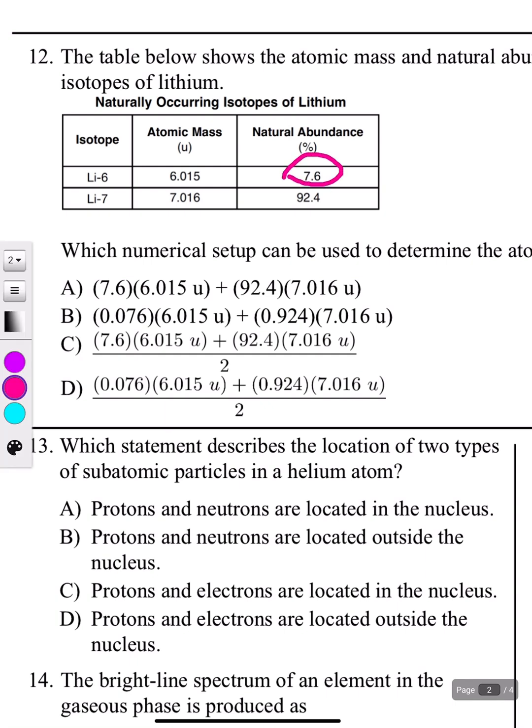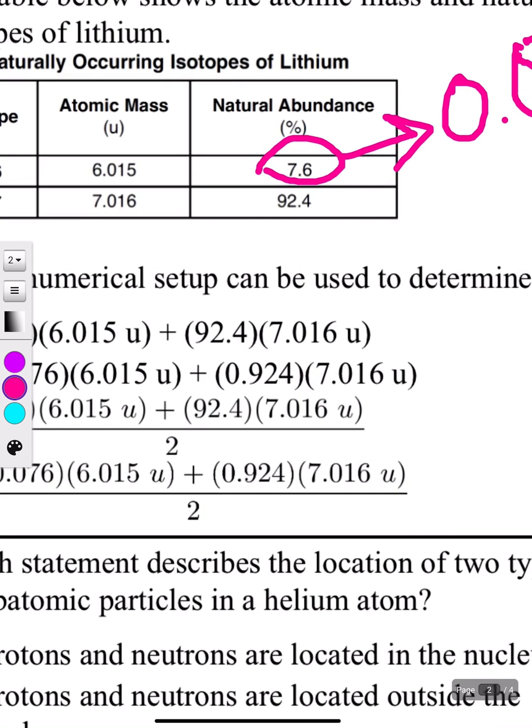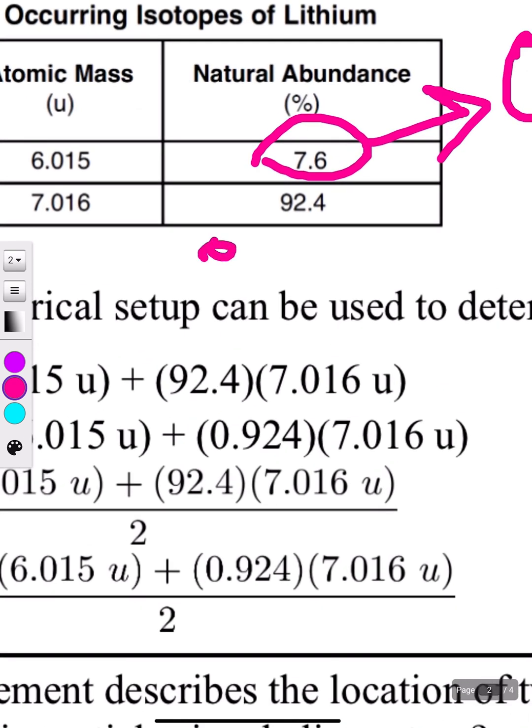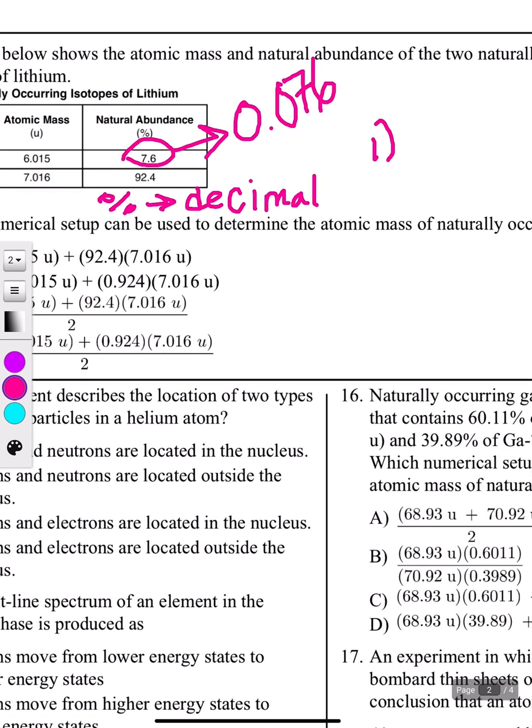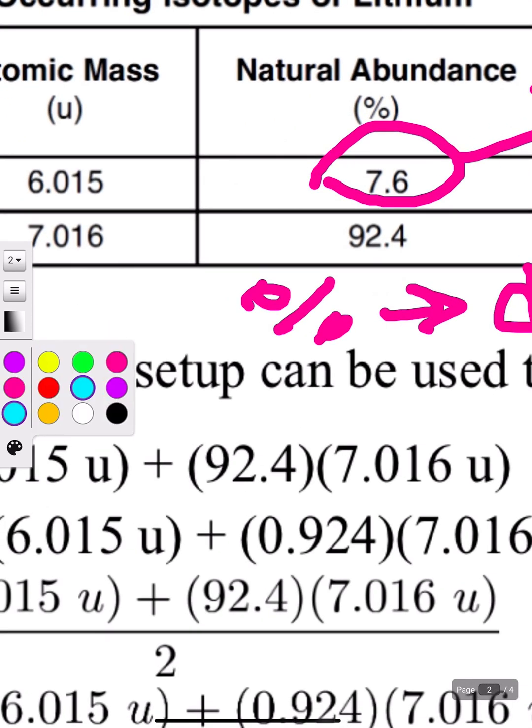So this one is not going to be 7.6, it's going to be 0.076. Now, if you don't know how to convert a percent into a decimal, here's a reminder. Either one, you divide it by 100, or two, you move it 2 places to the left. 1, 2. And that's where your new decimal is.